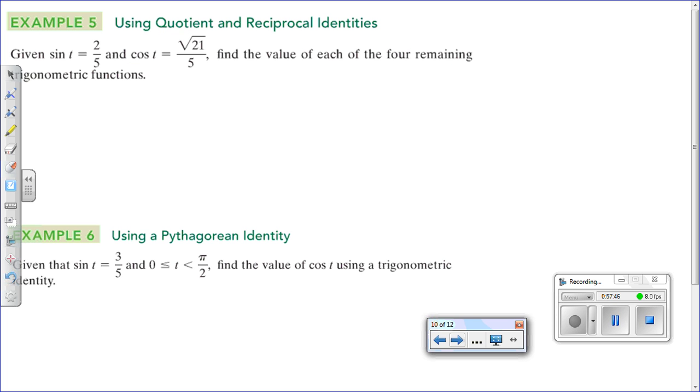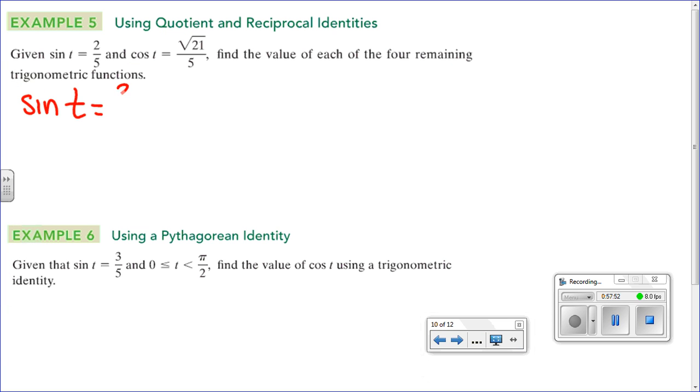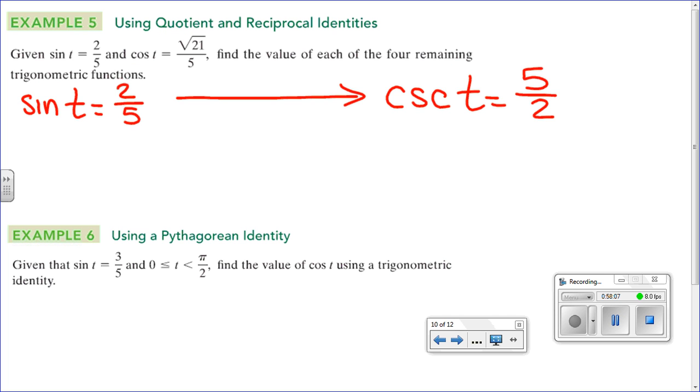So let's see. If the sine is 2 over 5, the reciprocal of sine is? Cosecant, remember, SC. So you flip the numbers, 5 over 2.